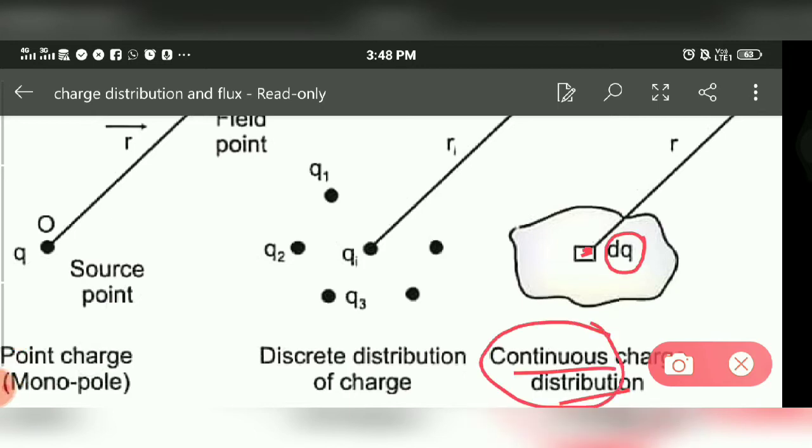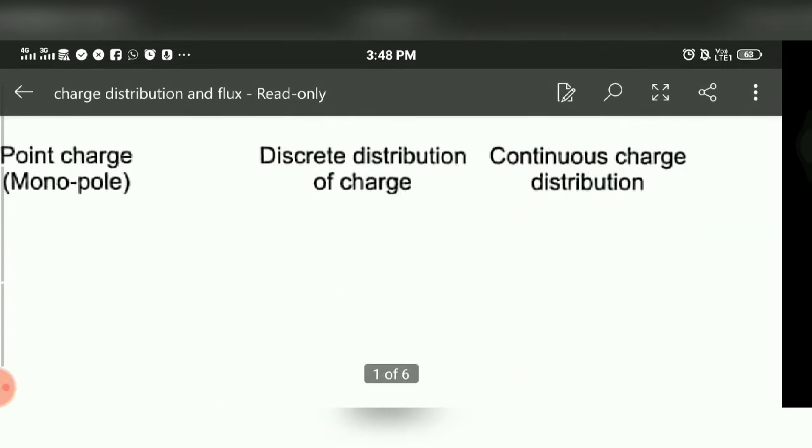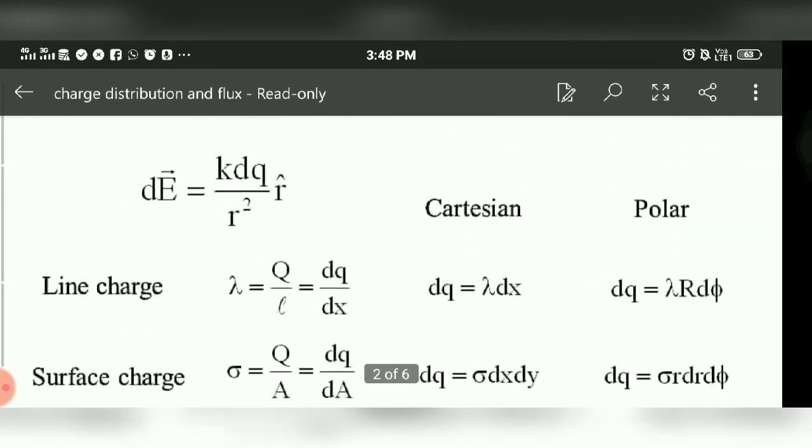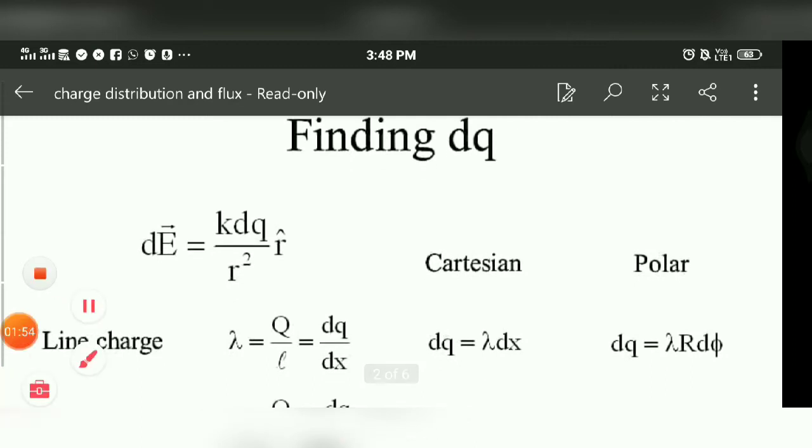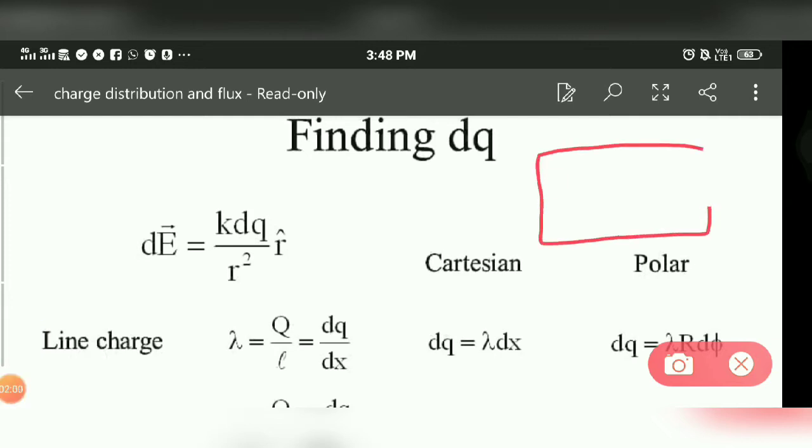Now continuous charge distribution is further of three types: linear charge distribution, surface charge distribution, and volume charge distribution. First, for the continuous charge system, suppose on this plain sheet a uniform charge Q is distributed at every point.